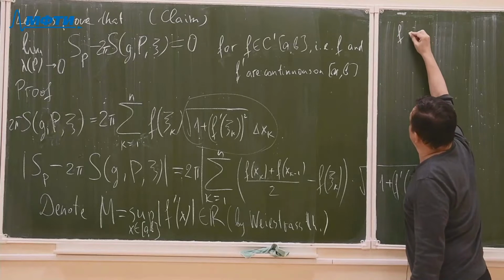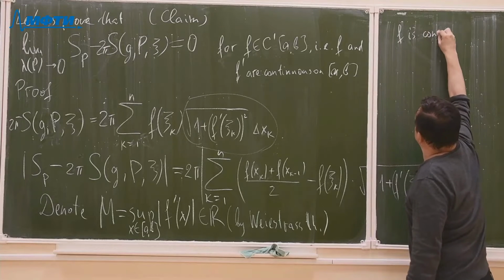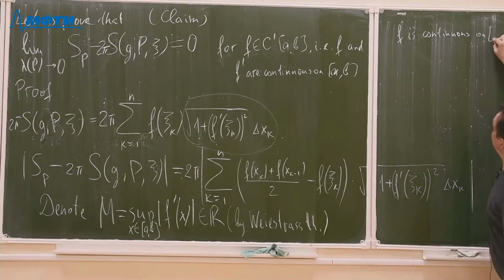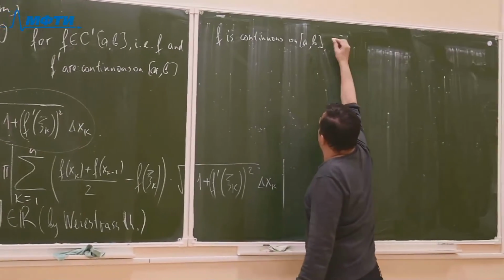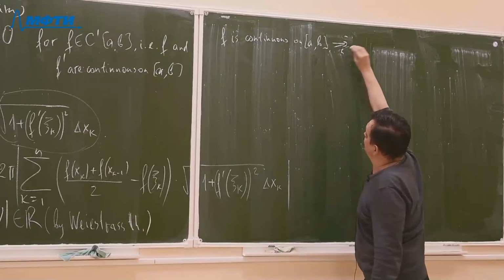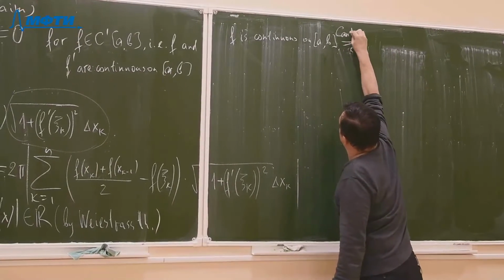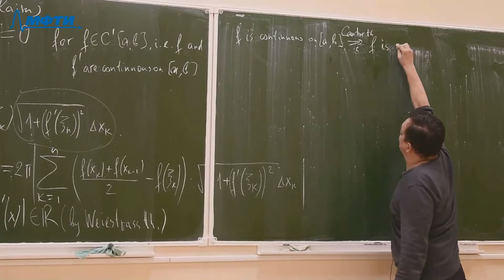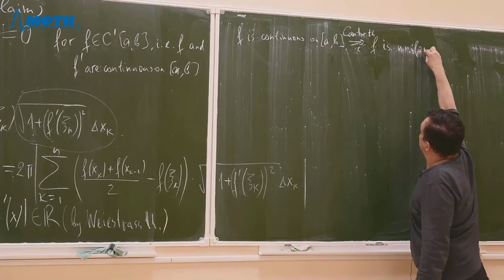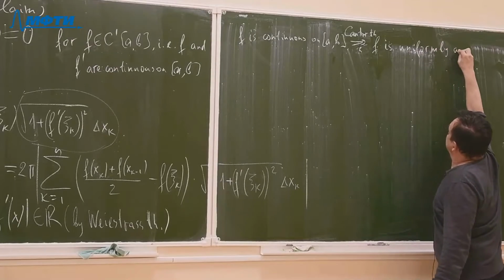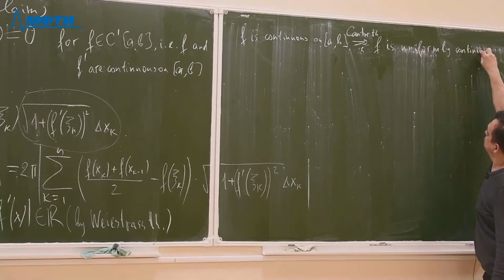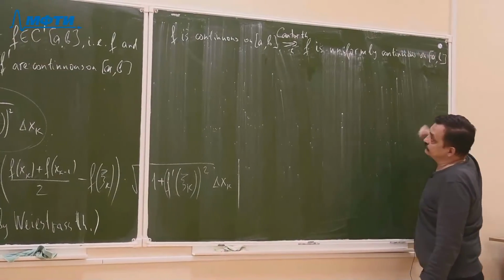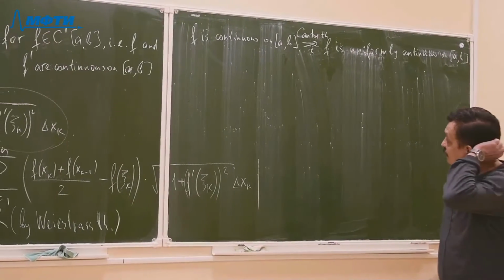So f is continuous on AB, hence by Cantor's theorem f is uniformly continuous on AB. And what it means?